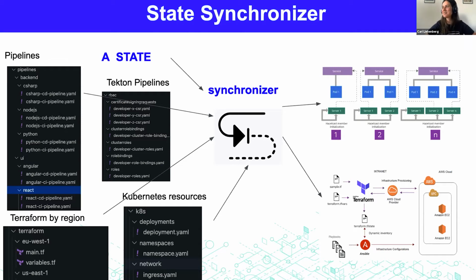Basically it's when you have kube control YAML files for Kubernetes somewhere, and then you want something to apply those changes to Kubernetes, then I think of there being this synchronizing step, an automated step that takes those files, runs a kube control apply, and then creates a state from them. And the same can be done with Tekton pipelines, because they're YAML, Terraform files, any kind of configuration as code structure. We think about storing a state, and then when I change the state, I want something to synchronize this defined state into an actual state somewhere else.